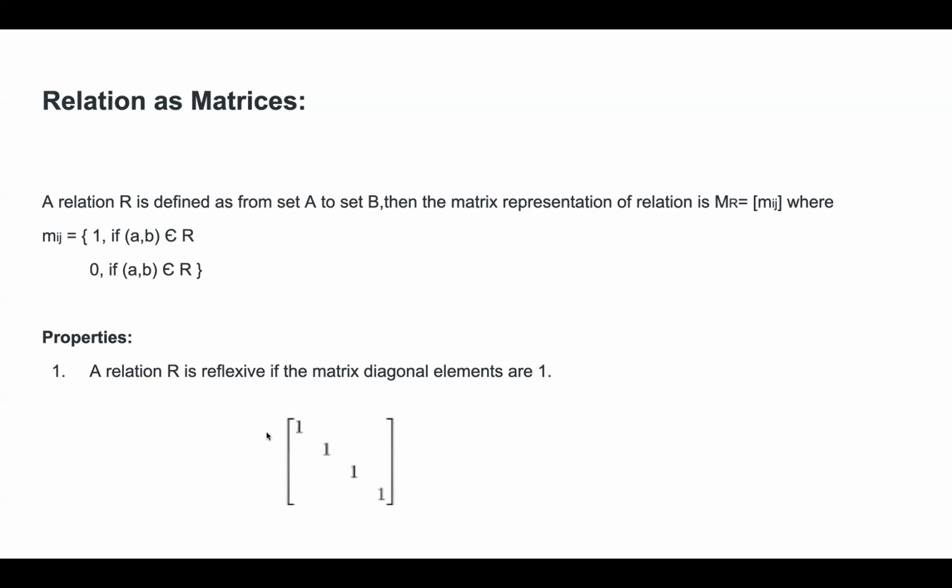This one element is known as MIJ, the matrix element. This MIJ equals 1 if (A, B) belongs to R, meaning that the IJ element is there in the relation set, then it will be represented as 1 in the matrix.